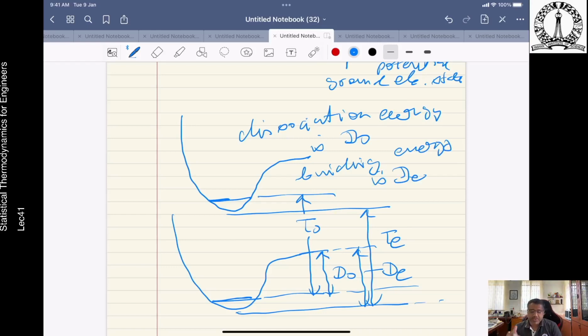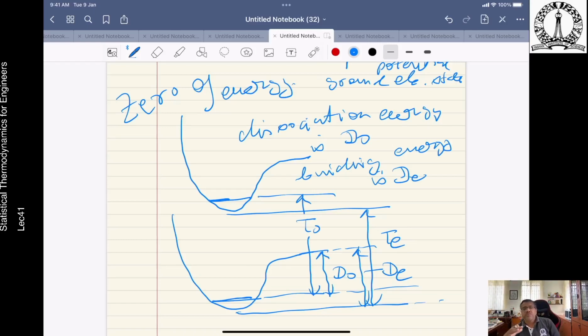As we showed in this particular figure, there are various possibilities for establishing what we call the zero of energy, and we can compile all of them in a table and define the internal energy for any diatomic molecule.